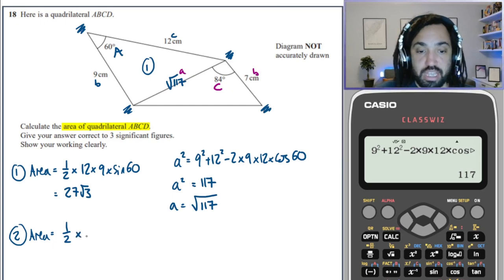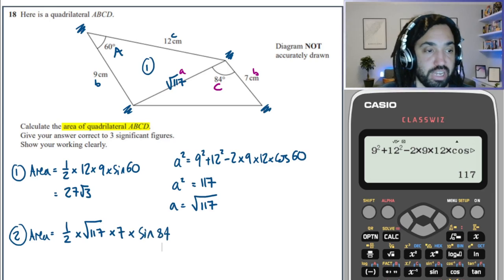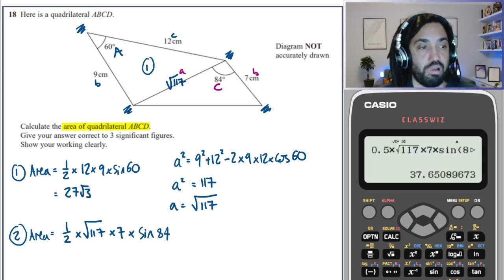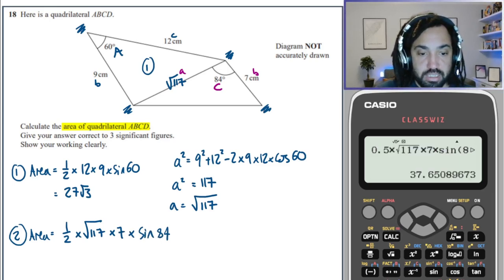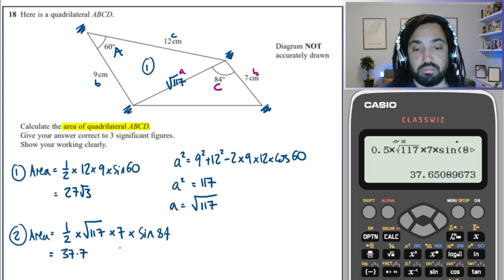So, if the A is the square root of 117, and the B therefore is 7, and we've got sine of 84, that can go in our calculator. Okay, and this gives us 37.7, and I think we're good then.